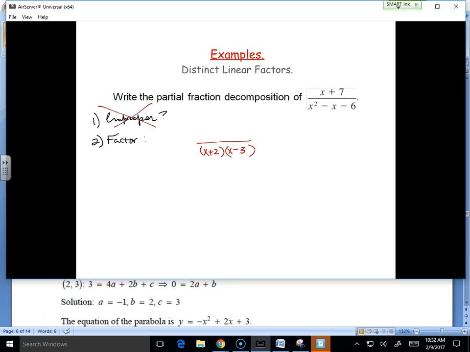Nice. Now we still have x plus 7 on the top, right? But factoring, check, done. Step number 3, what does it say? 3 and 4, we're going to make partial fractions.